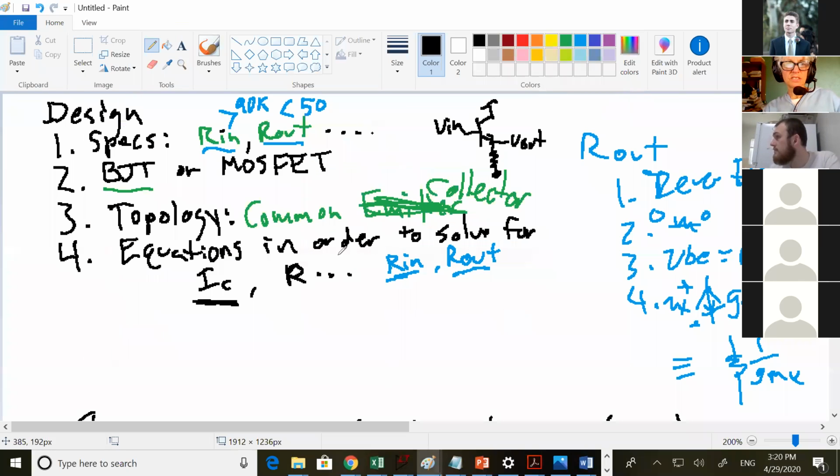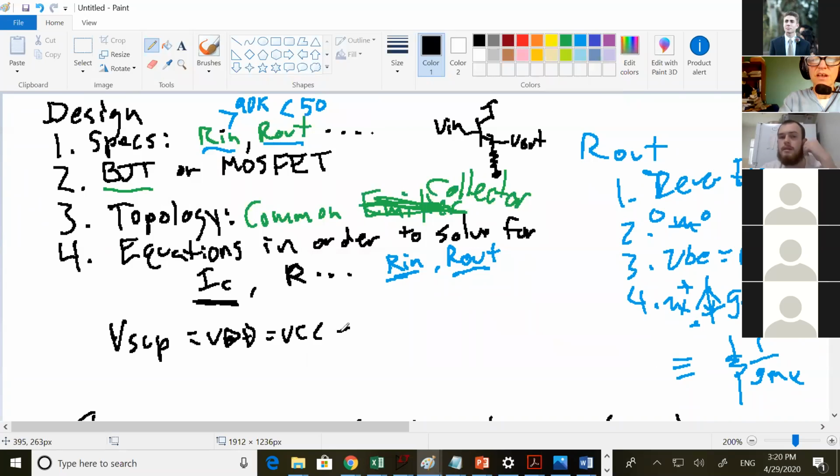So there's our design, and I'm going to give you some specs. V supply, which is the same as VDD or VCC, equals 5 volts. And your V in for your common collector at rest sits at 3 volts.